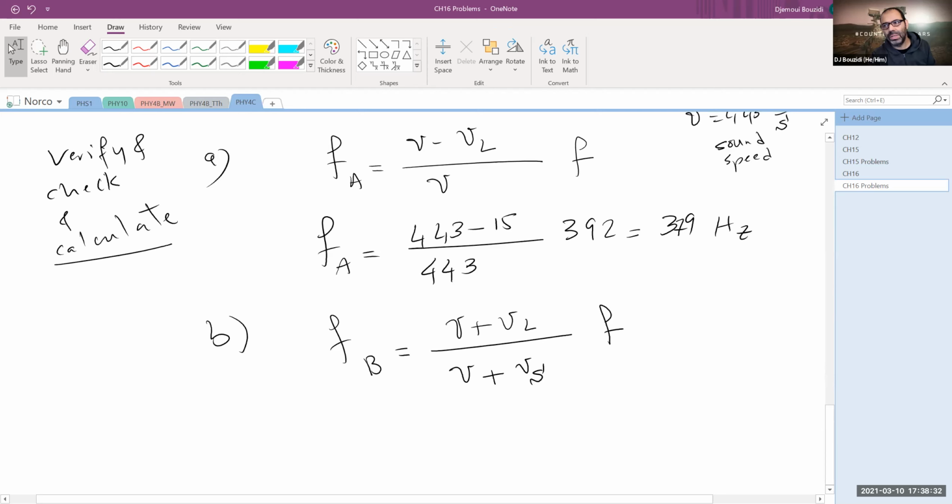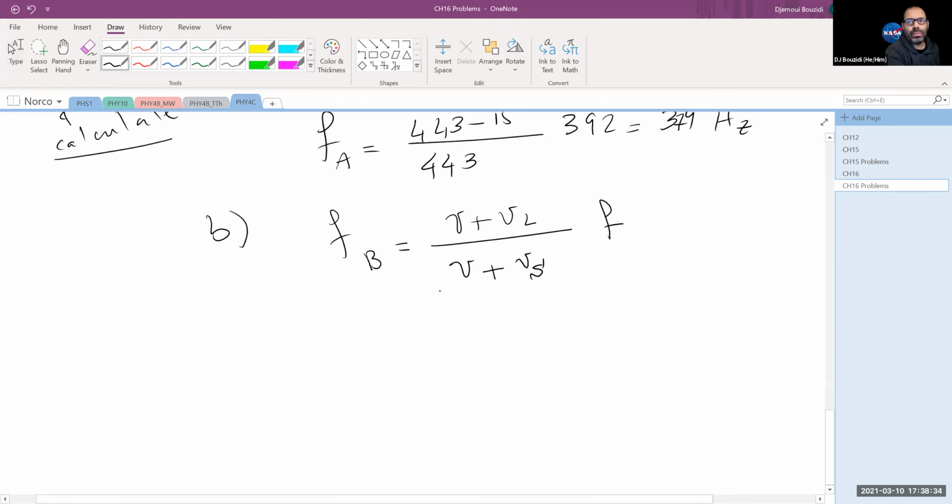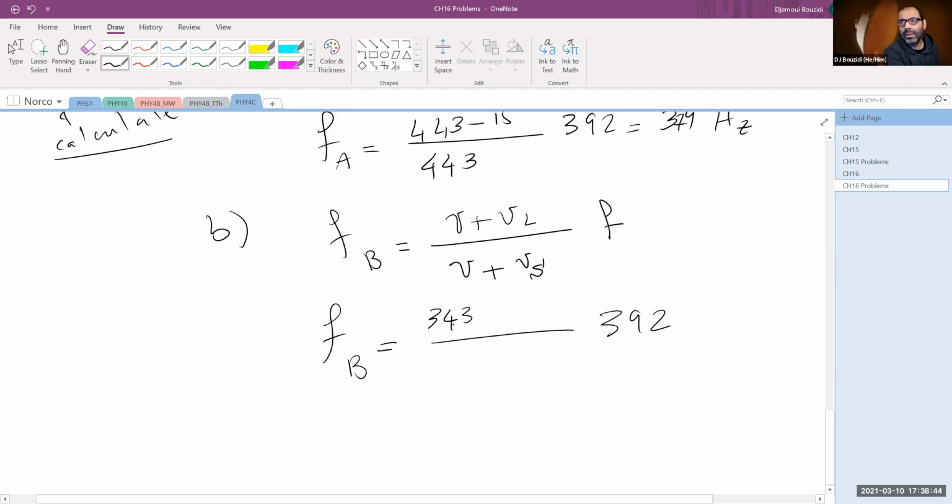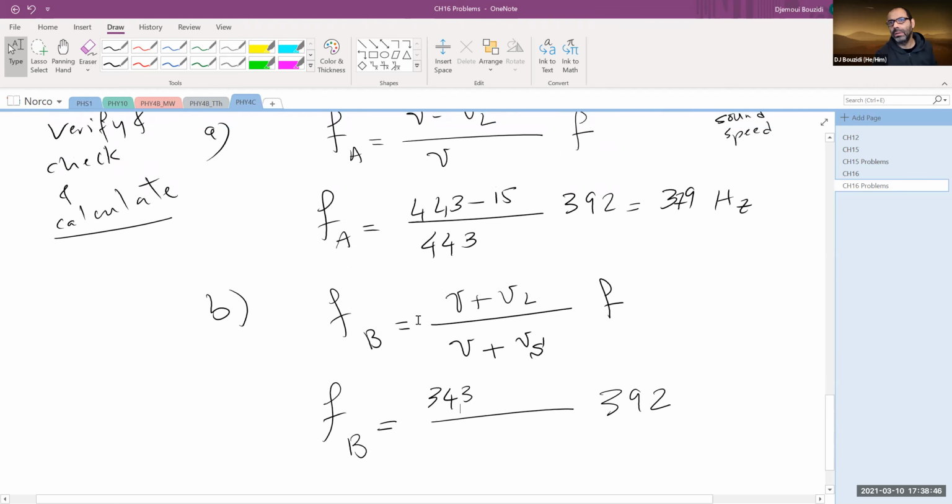So let's see in this case what the calculation will give me. From train B, this is what the listener will hear. This is 392 again. So the speed of sound is 343. Did I use 400 or 300? Oh man, did I use the wrong number? I think, yeah, 443. Oh man, now I'm confused.